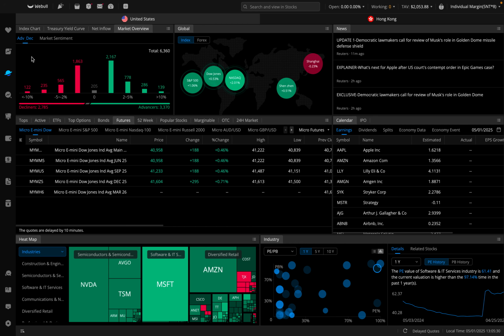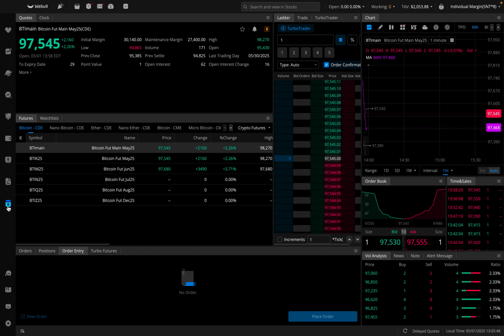So here we are on the Webull desktop app. Once we're here, you'll notice that on the left, there are multiple different icons. This last one here should say Futures Trader, so we want to go ahead and click on there. Now, remember earlier I mentioned you need to have a specific futures account to be able to trade futures. If we take a look at the top right, I am on a margin account, my individual margin account.